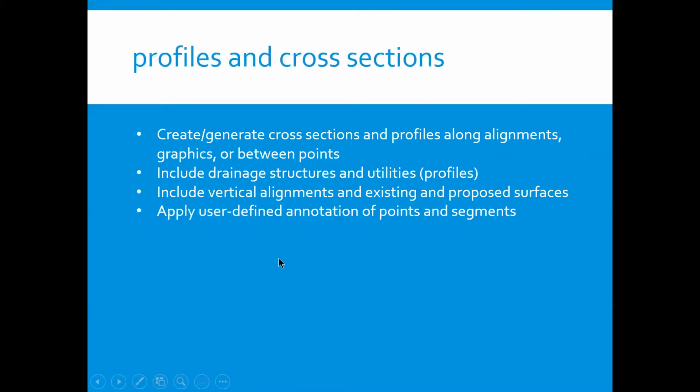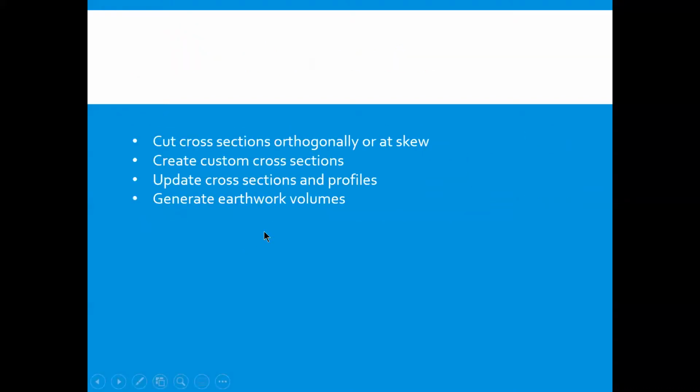Profile and cross-sections. It will create and generate cross-sections and profiles along alignments, graphics, and between points. Will include drainage structures and utilities, include vertical alignments in existing and proposed surfaces, apply user-defined annotations of points and segments. All this will make more sense to you as soon as you make an effort to learn about the software.